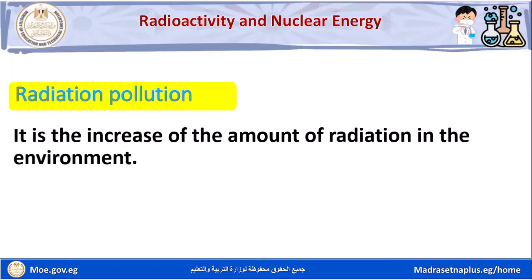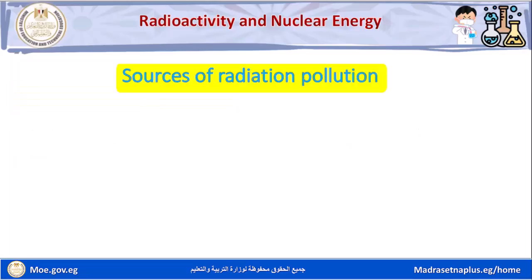Radiation pollution, its definition: it is the increase of the amount of radiation in the environment. Sources of radiation pollution.